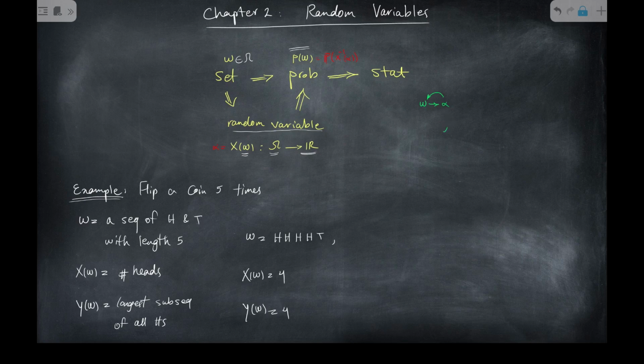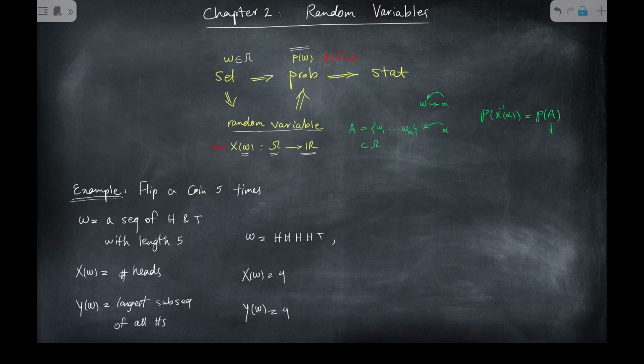What if it's not one-to-one? Then alpha goes back to a set of omegas, which is a subset of the sample space. That's also possible. So in that case, probability of X inverse of alpha is the probability of that set.